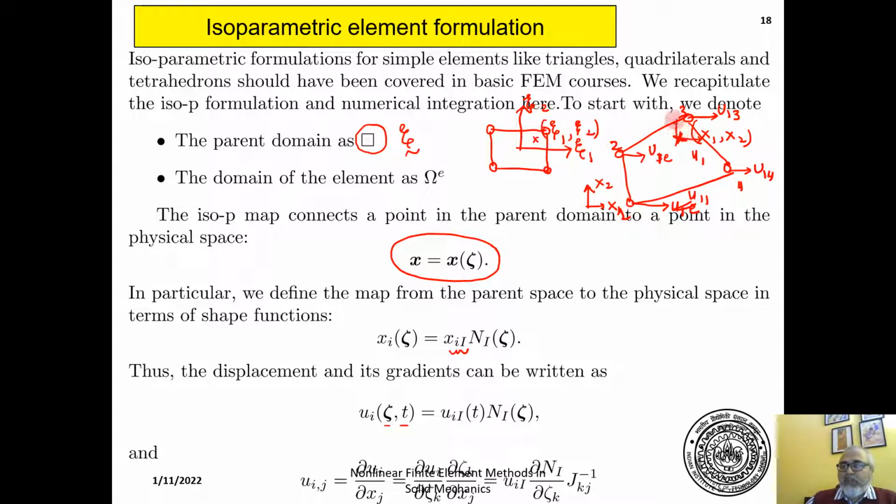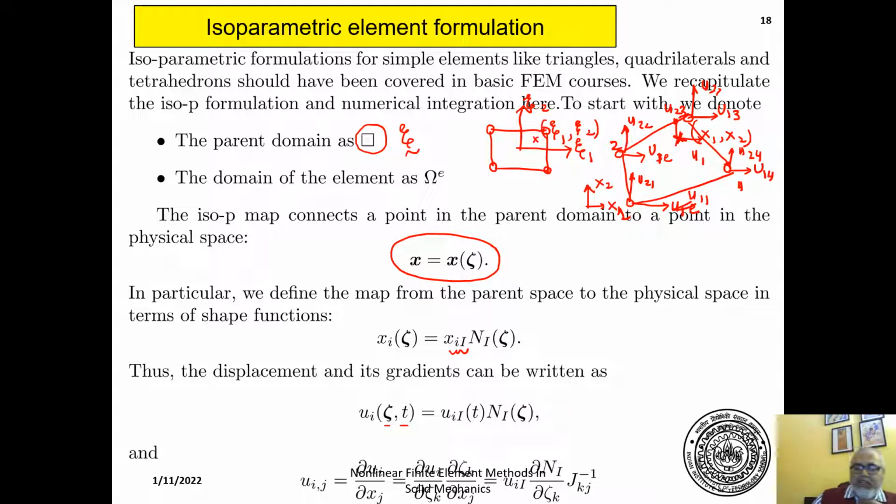Similarly, u2 at this point will be interpolated from u2^1, u2^2, u2^3, and u2^4. And the interpolation would be N1 u1^1 plus N2 u1^2 plus N3 u1^3, and so on.